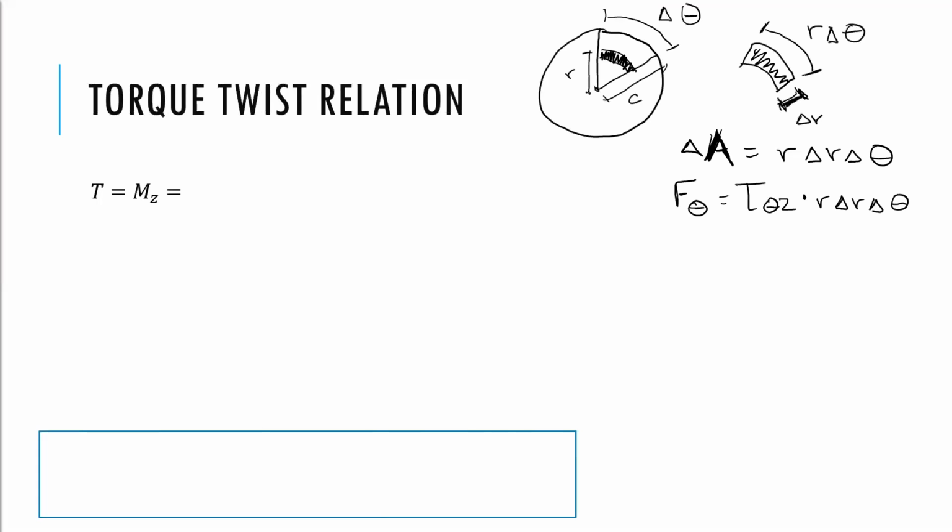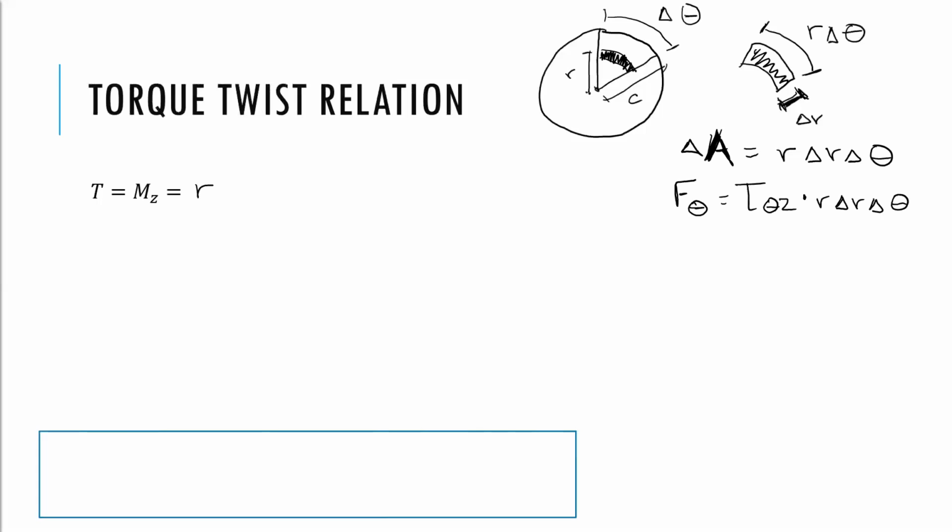All right, so now if we want to calculate the torque, which is just a fancy word for the moment about the z-axis, we know it's going to be the force times the moment arm, right? So at any particular location, it's the force acting at that location times the moment arm.